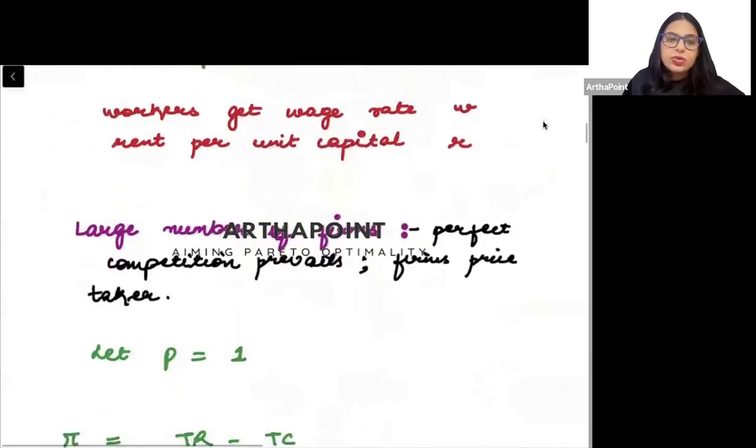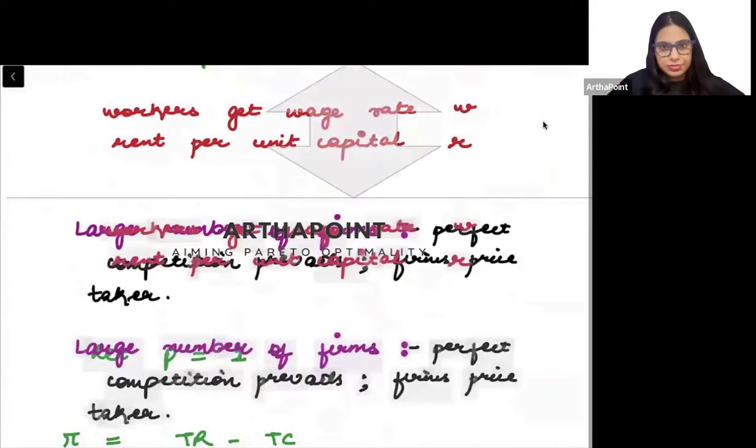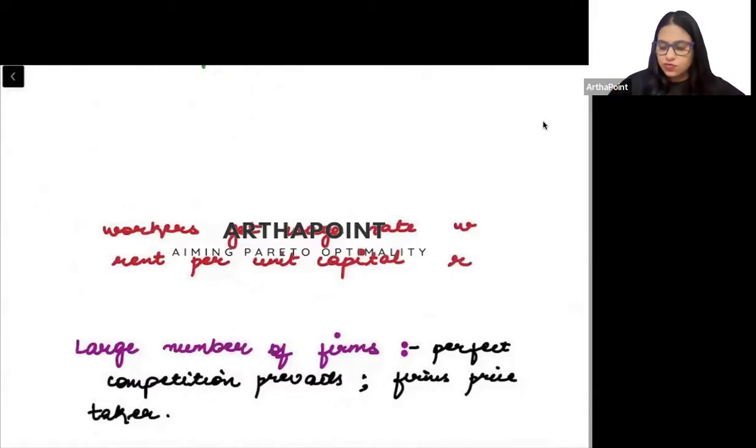Okay. Now there is another thing which is important here. There are two inputs, right? एक तो हो गया हमारा labor and दूसरा हो गया capital. So we have our labor and we have our capital, right?